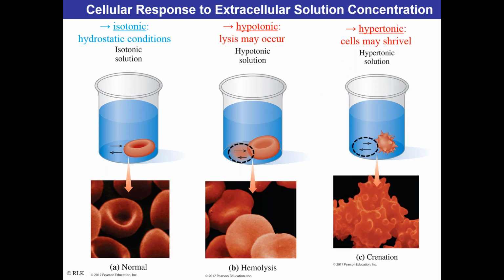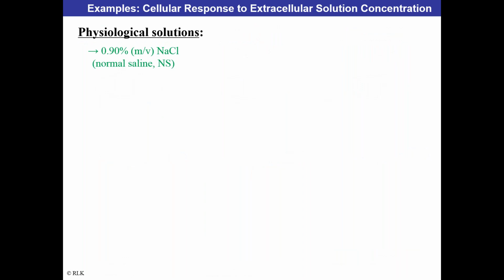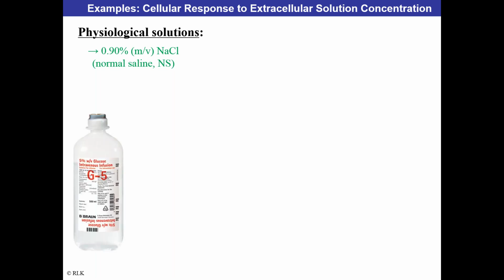Okay. Let's talk about this a little bit more. In the physiological solutions, it's about 0.90 mass per volume sodium chloride. So 0.9% sodium chloride is essentially normal saline conditions, all right? With respect to glucose solution, that concentration is about 5%, and again, that's mass per volume.